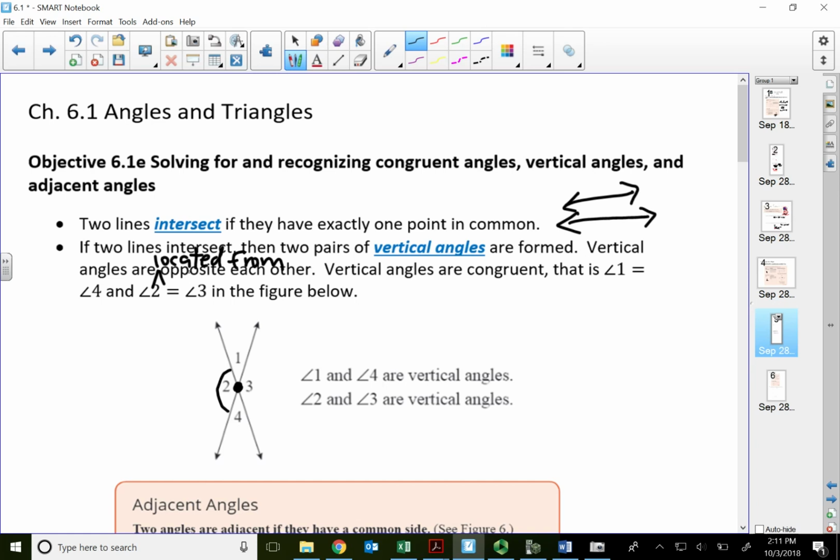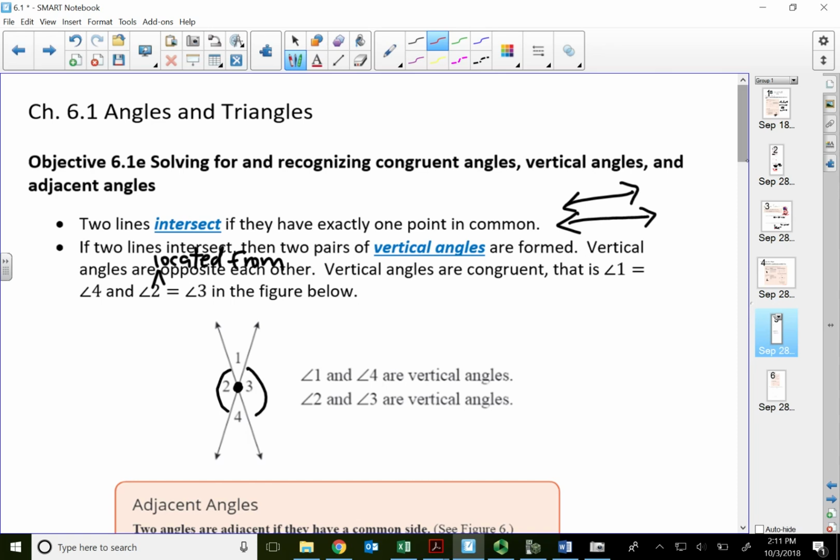You know, I don't like to use the word opposite. I like to say facing. Angle 2 is facing angle 3. So we consider angle 2 and 3 vertical angles. Vertical angles are angles facing each other. But what has to happen first is you have to see two lines intersecting at one point.